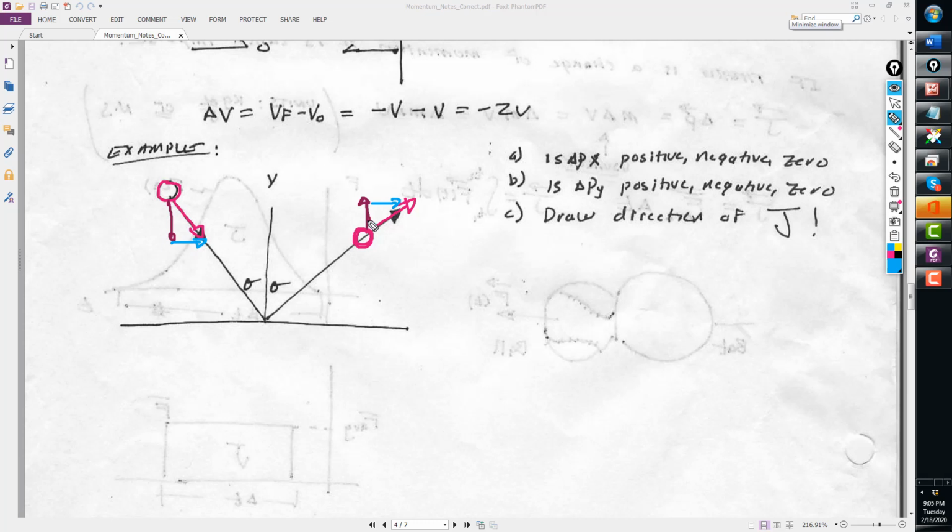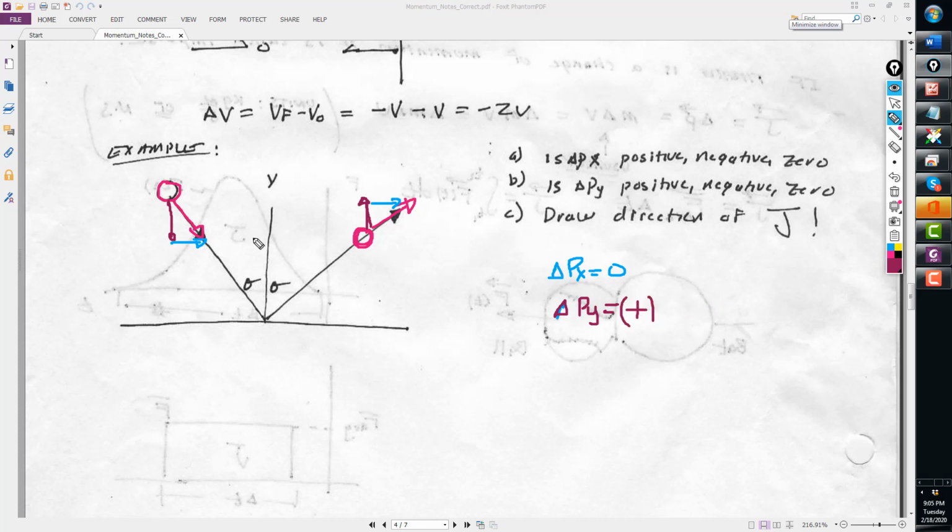The v initial x is the same as the v final x. You see that? So the change in momentum in the x is 0. No momentum was changed in the x. But there was a big change in the momentum in the y. Why is that the case? It's definitely positive. Okay?